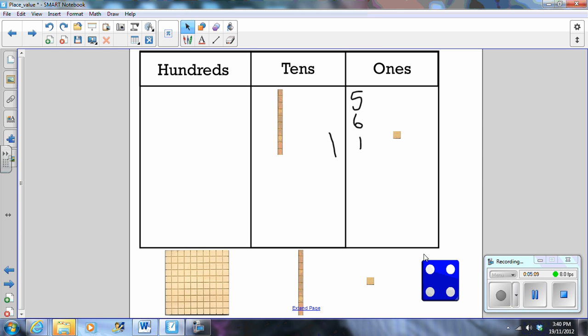Then if I roll the dice again, 6. 1, 2, 3, 4, 5, 6. How many 10s do I have? I have 1 ten. And how many units? 7. And you keep going and playing the game.